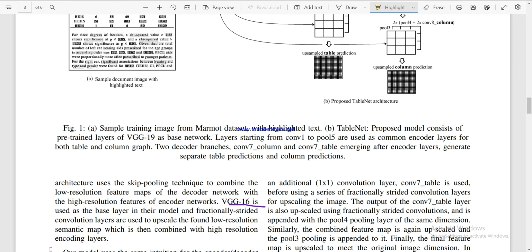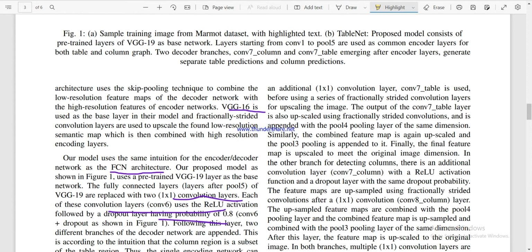VGG16 is used as the base layer in their model, and fractionally strided convolution layers are used to upscale the low resolution semantic map, which is then combined with high resolution encoding layers. Their model uses the same intuition for the encoder-decoder network as the FCN architecture. This is their proposed model, as shown in the figure.